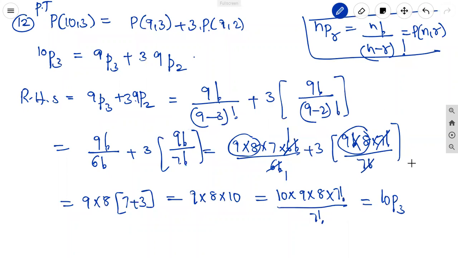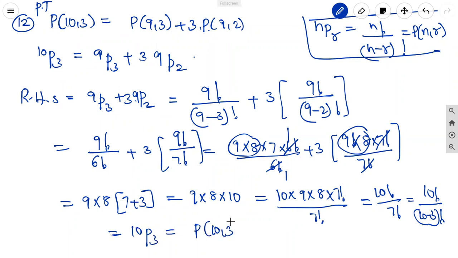So if you get any doubt, it is 10 factorial by 7 factorial, that is nothing but 10 factorial by (10 minus 3) factorial. It is equal to 10P3, equal to P(10,3).